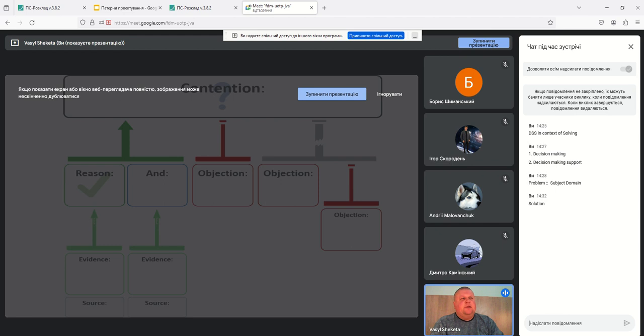In the area of decision support systems, as in any other field of IT, we have the situation before the use of artificial intelligence, and after.